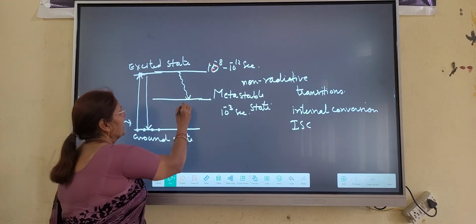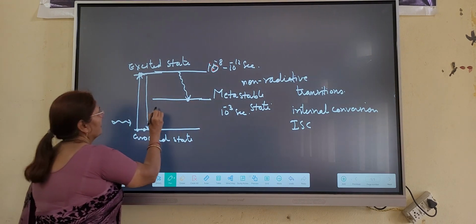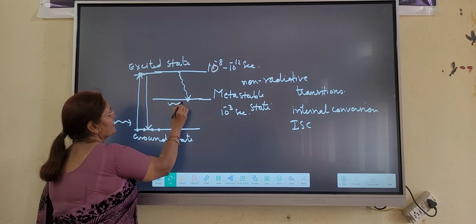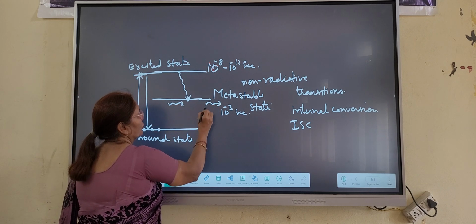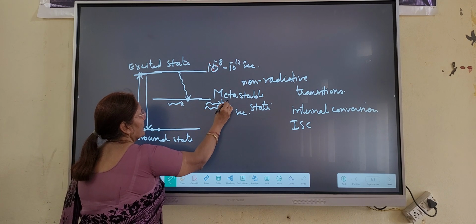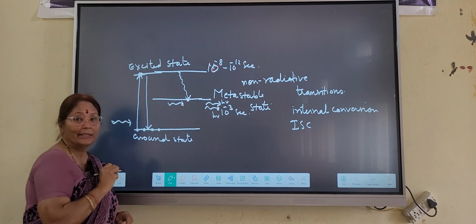And suppose it comes here and one photon comes to hit this, then I will get two photons here. I will get coherent light here.